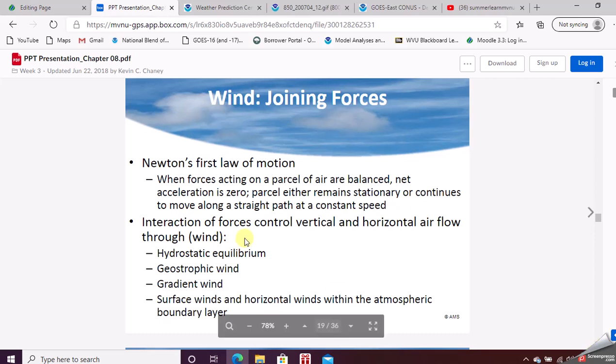In meteorology, rather than put everything together at once, we try to simplify it first because it can get very complex. So we're going to look at something called hydrostatic equilibrium, geostrophic wind, the gradient wind, and some surface and horizontal winds within the boundary layer of the atmosphere.